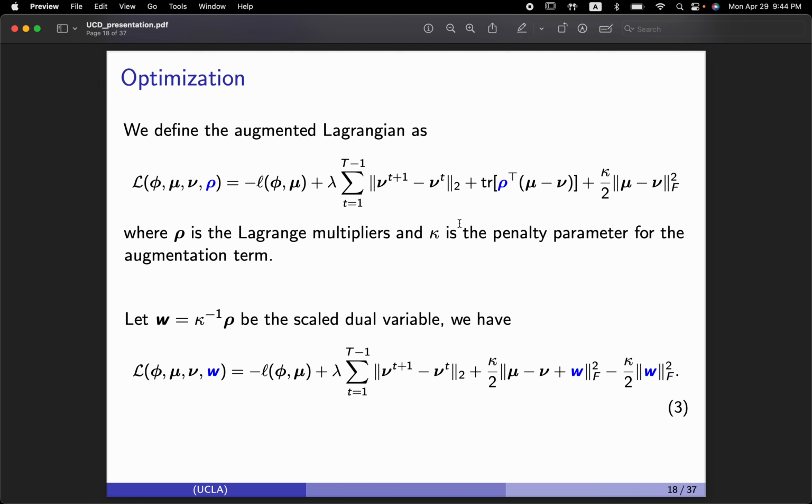We have the original objective function plus the Lagrange multiplier multiplied by the constraint, and also the augmentation term. And kappa is the penalty parameter for the augmentation term. For convenience, people usually work with the scaled version. So we also use a scaled dual variable w, and we can write the augmented Lagrangian in the following way.